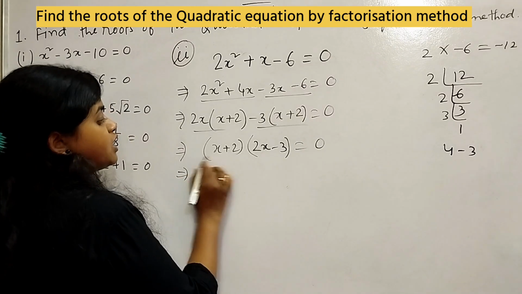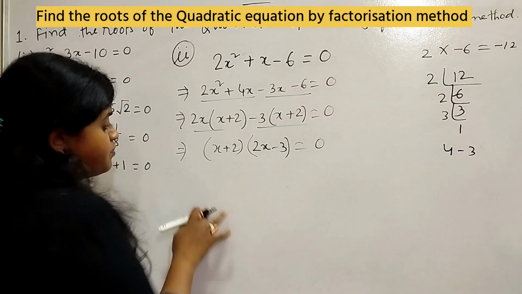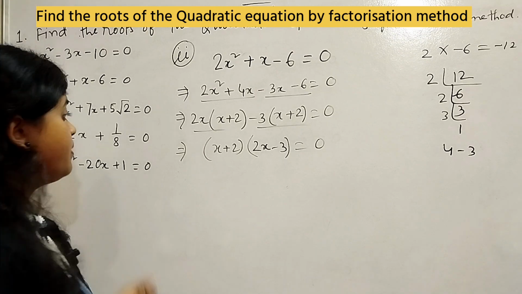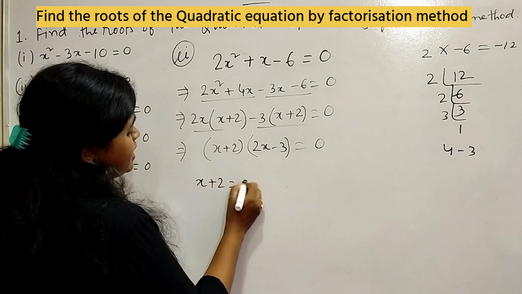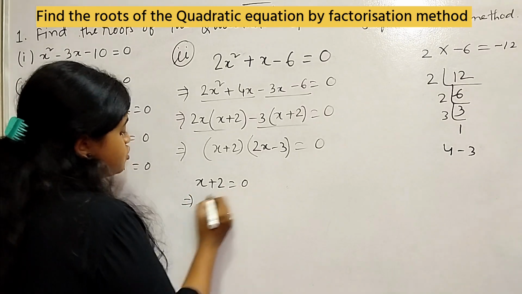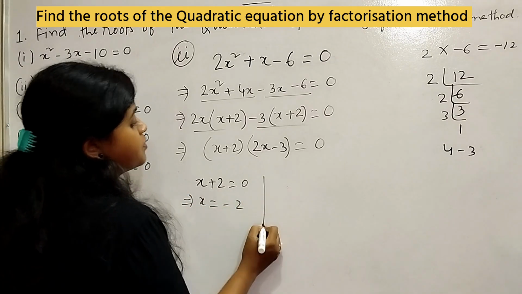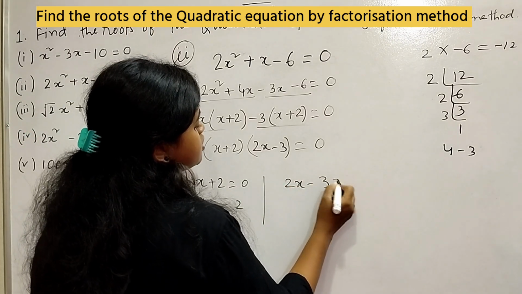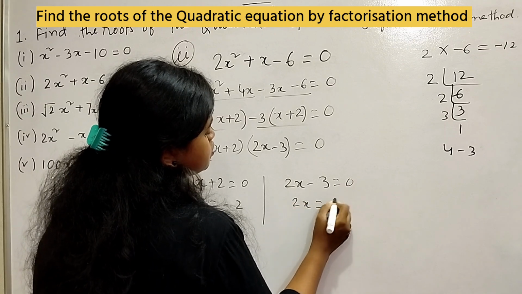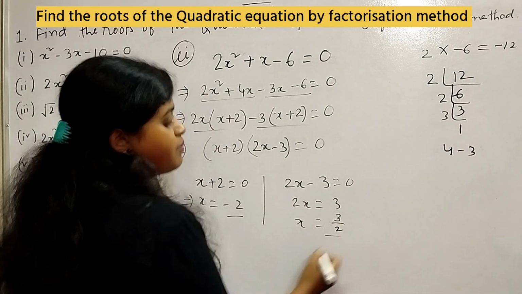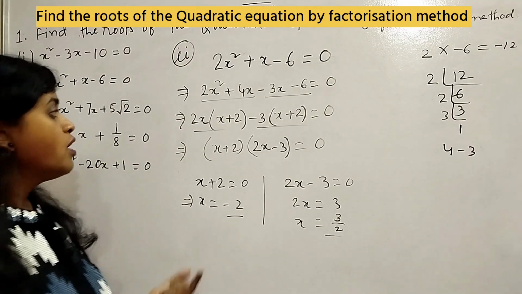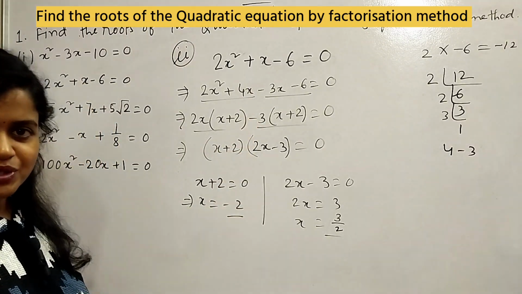Now we get two factors, and from them we will get the values of x. x plus 2 equals to 0, so x equals to minus 2, and 2x minus 3 equals to 0, so 2x equals to 3 and x equals to 3 by 2. So minus 2 and 3 by 2 are the two roots of this quadratic equation.